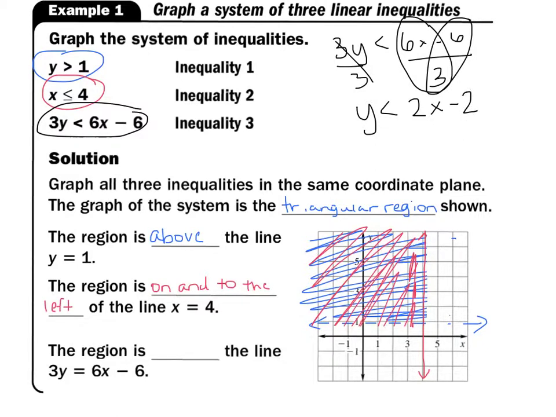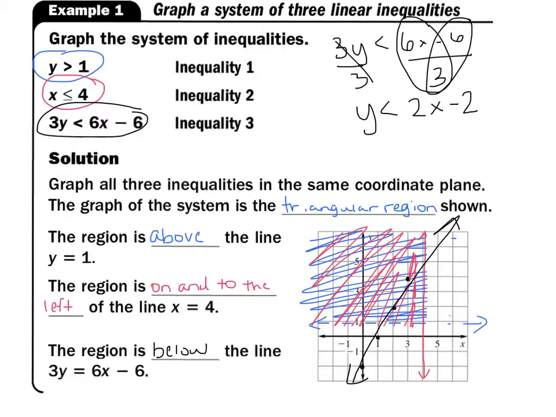To graph this, you could put it in your calculator as y equals 2x minus 2, but it just has a y-intercept of negative 2 and a slope of 2, meaning we'll go up 2 over 1, up 2 over 1, connecting the dots. And we're going to shade the region below because it is less than.